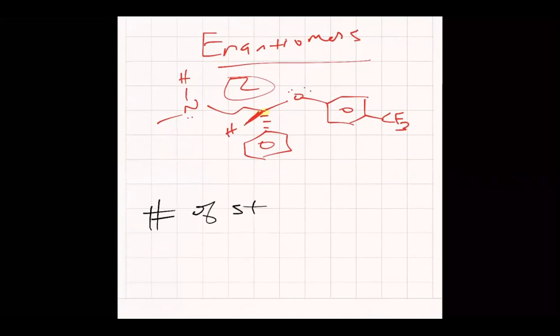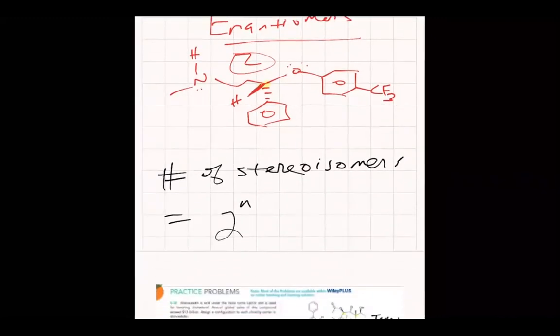You need to remember this formula. The number of stereoisomers possible for any compound is 2 to the n, where n is the number of chiral centers.